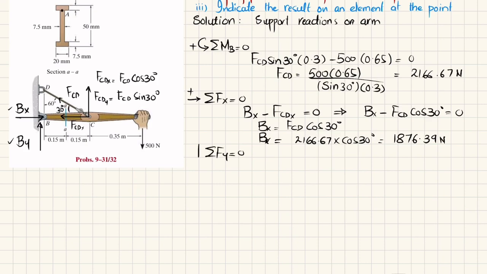Now we'll find By by using the equation of equilibrium that the sum of all forces along the y direction must be equal to 0, and upward force is taken as positive. So you can see one force is upward, which is this one, the second one is this one, and the third one is downward. Their sum must be equal to 0. So upward force is taken as positive.